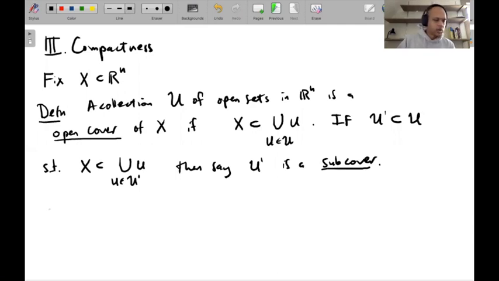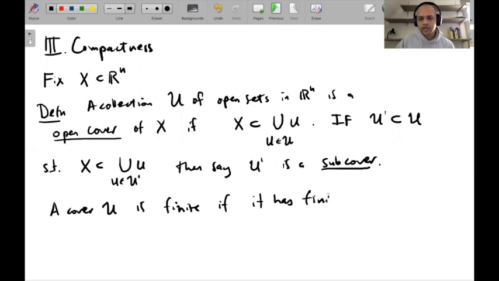And finally, we say a cover is finite if it has finitely many elements. The elements are open sets. Okay, so U has finitely many elements.